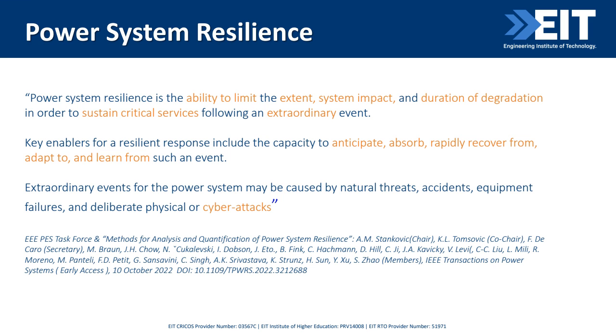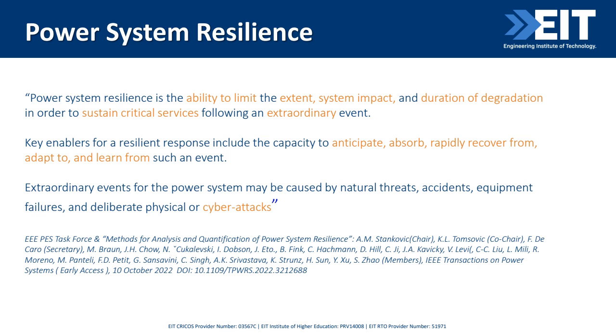So any extraordinary event that is there, your system is able to cope with it. So, what are the key enablers that we can get proper resilience? You must be able to anticipate, you must be able to absorb, you must be able to rapidly recover from, you must be able to adapt to, and you must learn from such an event so that if such an event occurs again, you will be able to handle it.